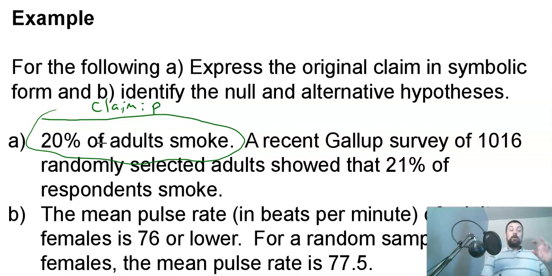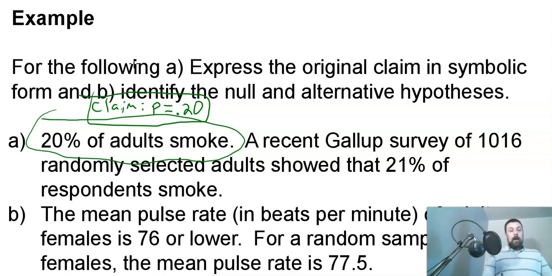It's saying 20% of adults smoke. Exactly 20%. Not less than 20%, not greater than 20%, exactly 20%. When we write this in symbolic form, we convert the percent to decimal form. So the claim here is that the population proportion is equal to 0.20.